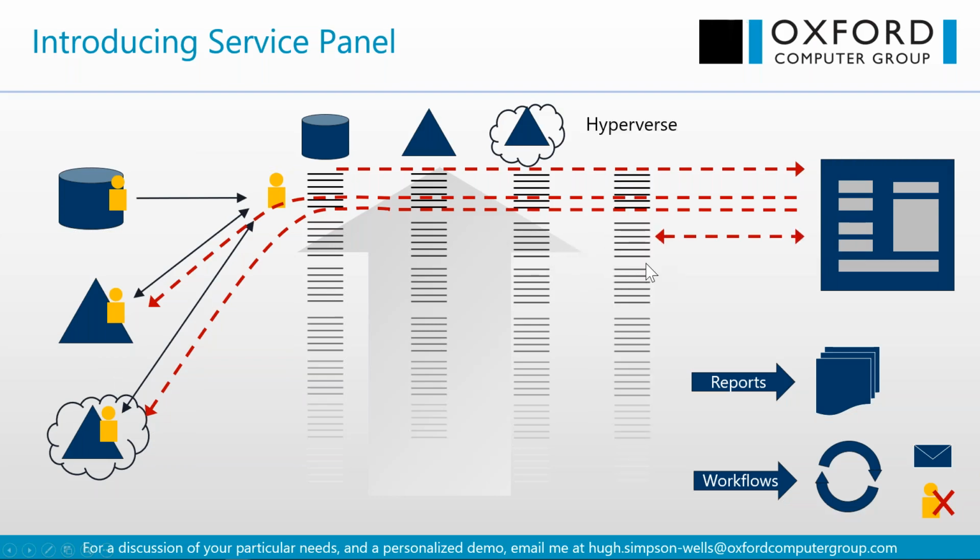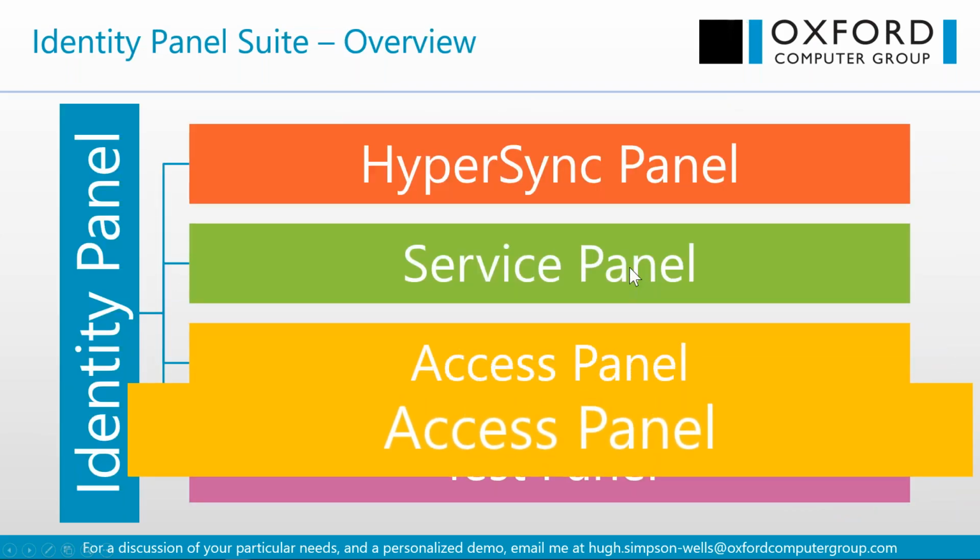We can interact with the hyperverse, something you couldn't do in MIM, so we can pull data from the hyperverse and push it back in. We can also have entirely separate silos for handling things that aren't handled by our HR system, for example, temporary staff or whatever. Now we're going to talk about Access Panel.